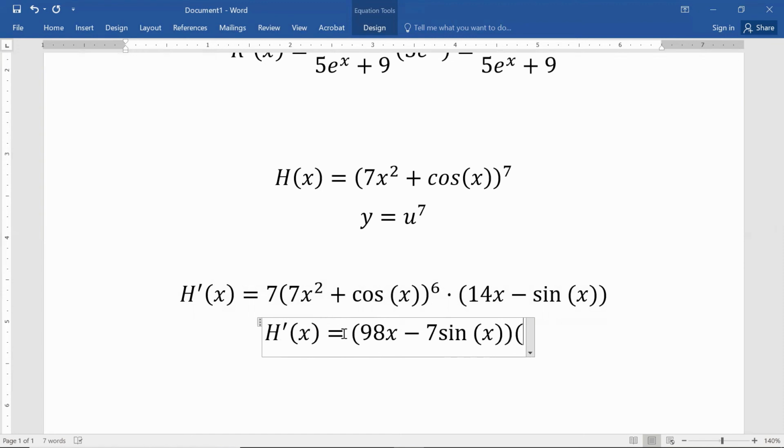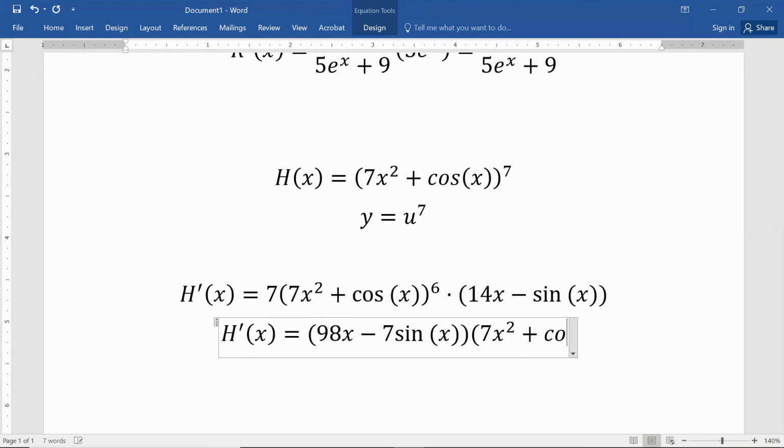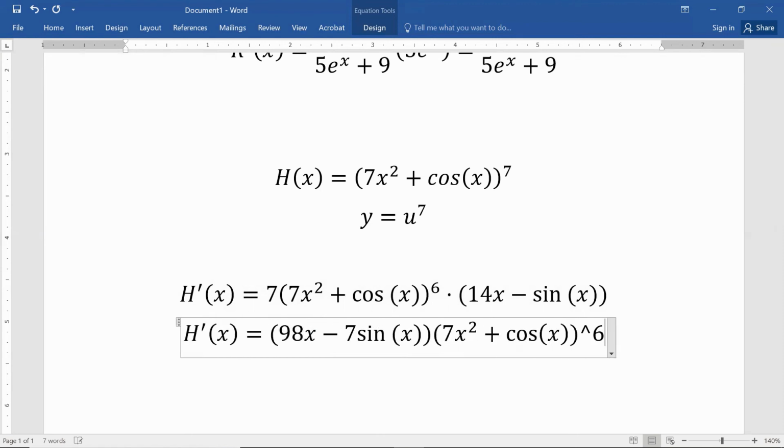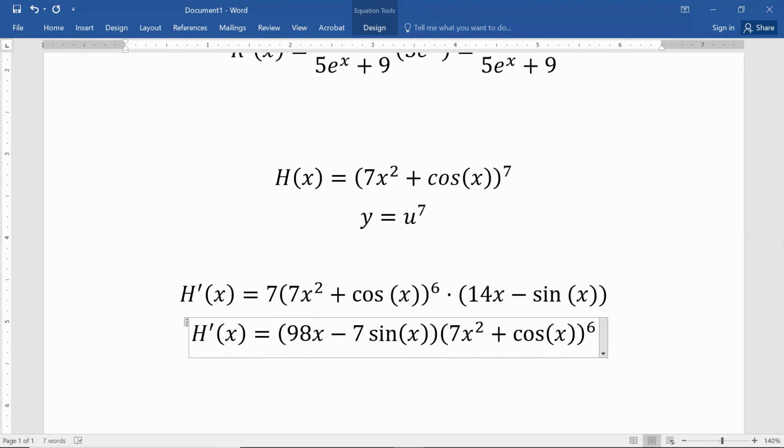And then that is all multiplied times 7x squared plus cosine of x to the 6th power. So if you want to clean it up, you can clean it up like that. These are both the same expressions, just one has fewer components.